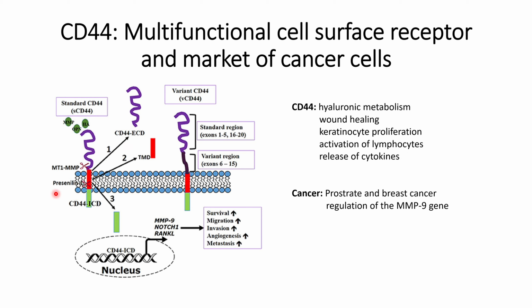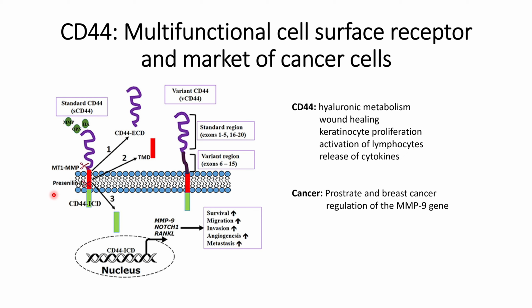Another enzyme that cleaves at another site is presenilin. It cleaves the transmembrane domain and intracellular domain. The transmembrane domain is denoted by red, and the green part represents the intracellular domain, that is the CD44 intracellular domain.